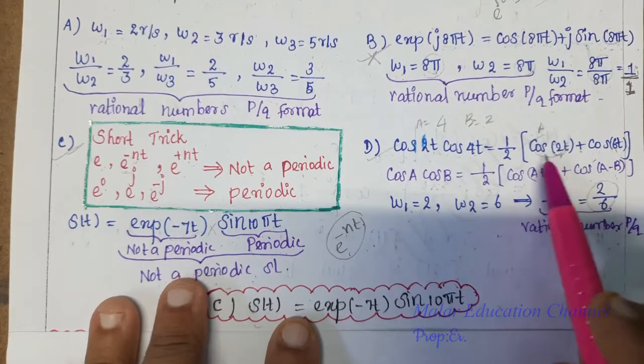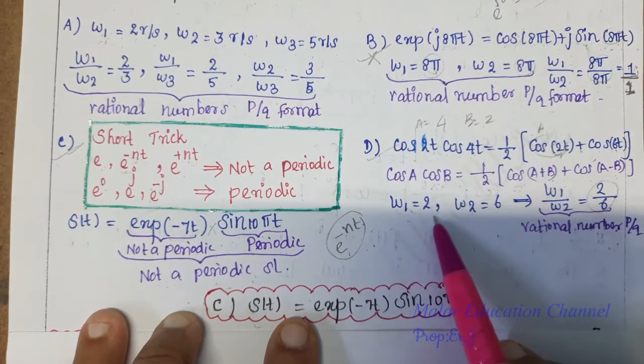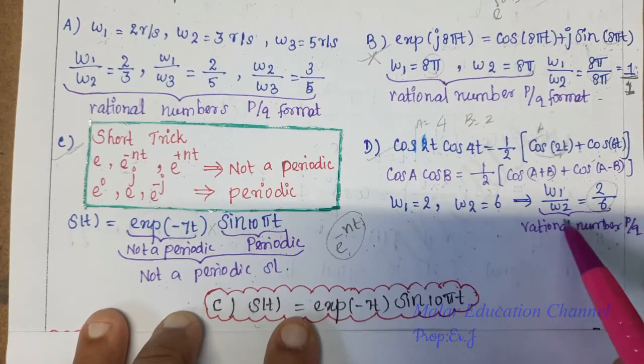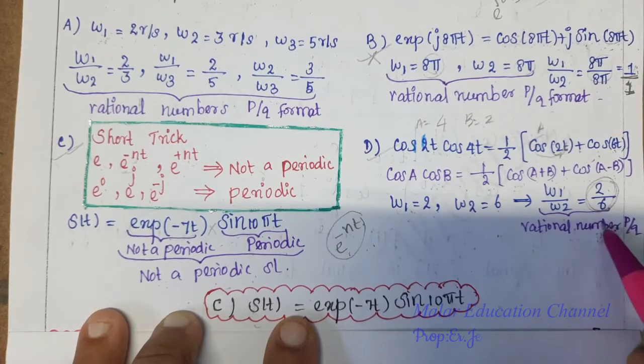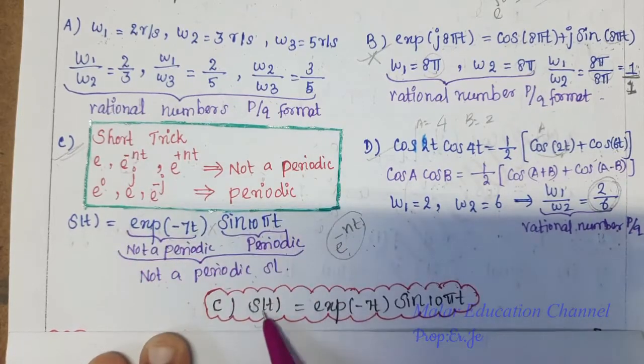Omega 1 is 2 and omega 2 is 6. Omega 1 by omega 2 equal to 2 by 6, a rational number in p by q format. Hence the correct answer is C, s of t equal to exponential minus 70 sine 10 pi t.